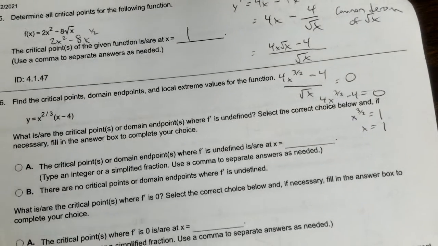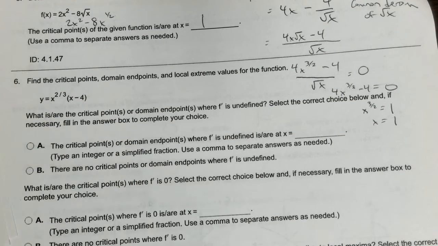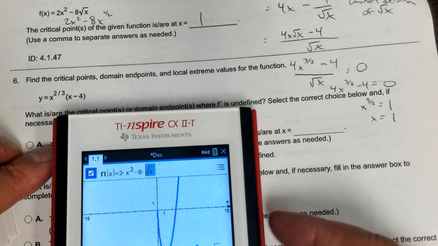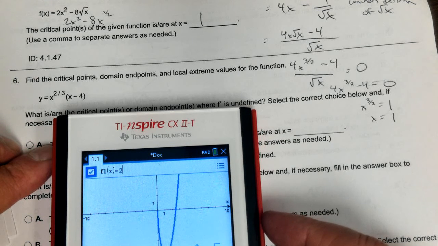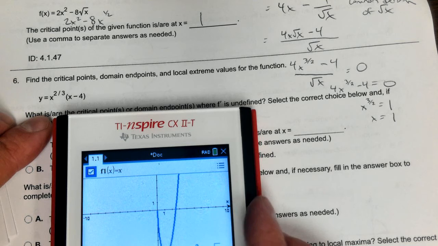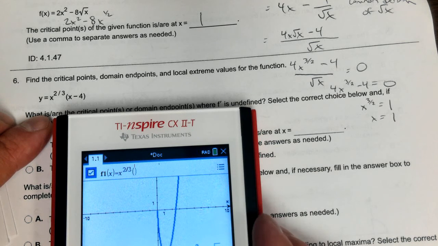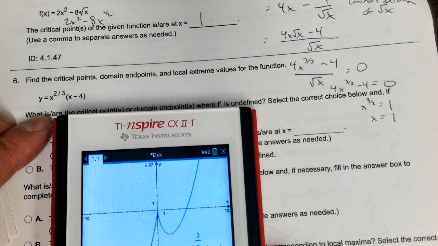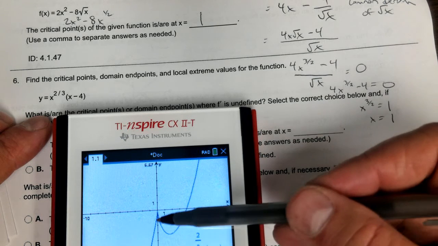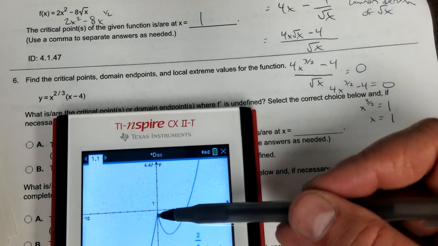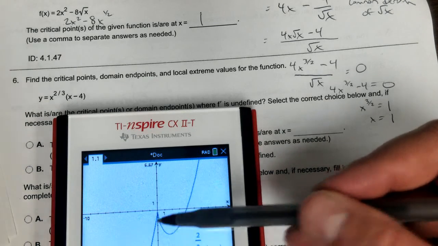Okay, on our next one we have this. x to the 2/3 times x minus 4. And so I have a spot where it's a cusp, which is at 0, and so that'd be where it's undefined.